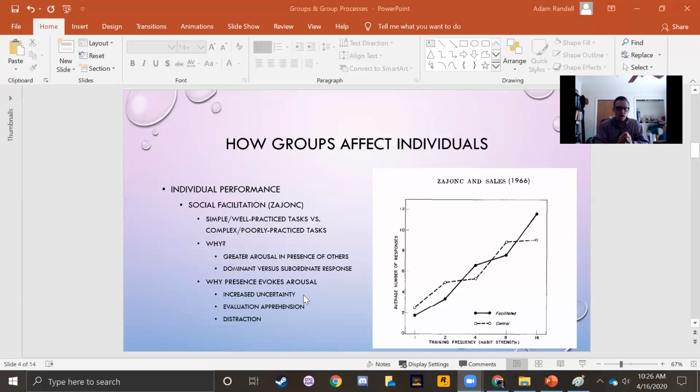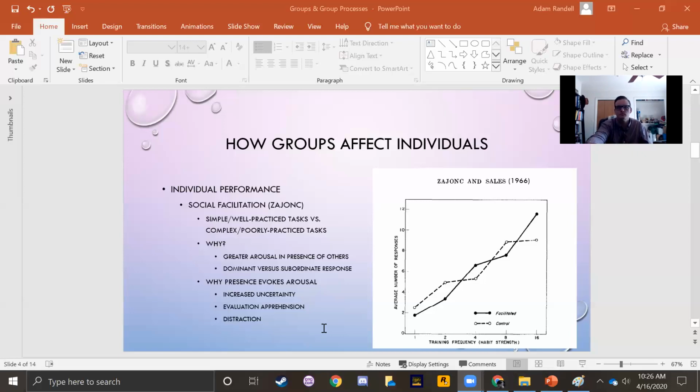But it seems the degree to which someone can be identified as the reason for the behavior, the degree to which their individual ability can be recognized, is another variable that seems to flip the whole thing.